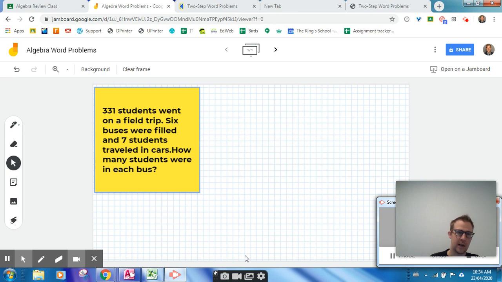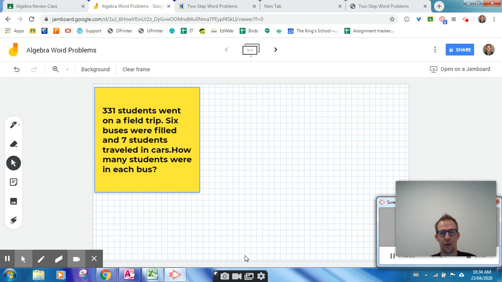When we look at this question here, it says 331 students went on a field trip. 6 buses were filled, and 7 students traveled in cars. How many students were in each bus?